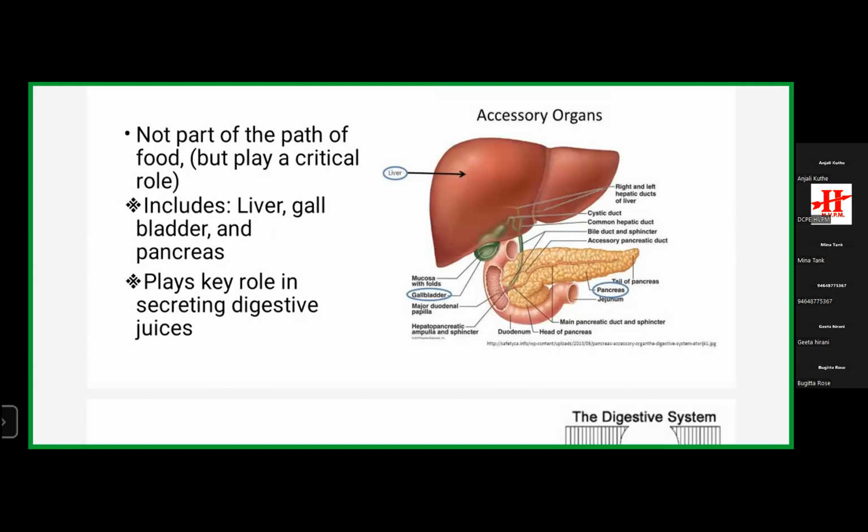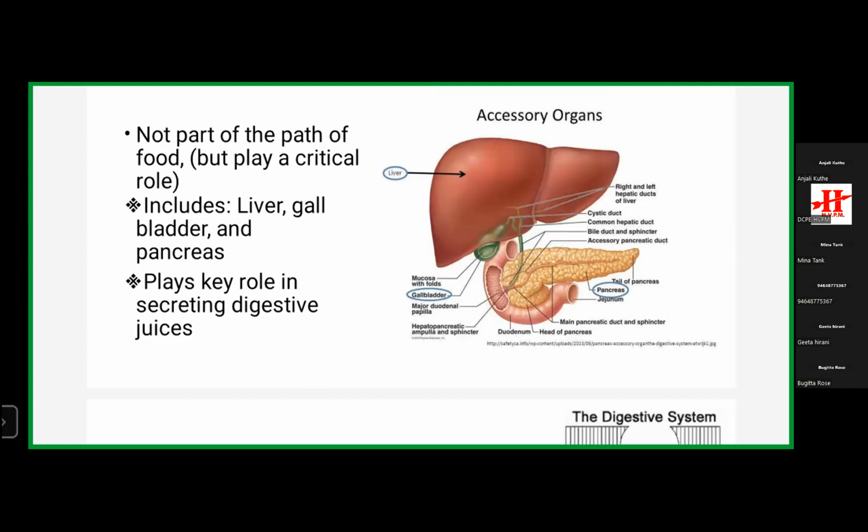What is the name of the ligament which separates the 2 lobes? Falciform ligament. The right lobe of the liver is much bigger, or you can say 5 to 6 times larger than the left lobe.